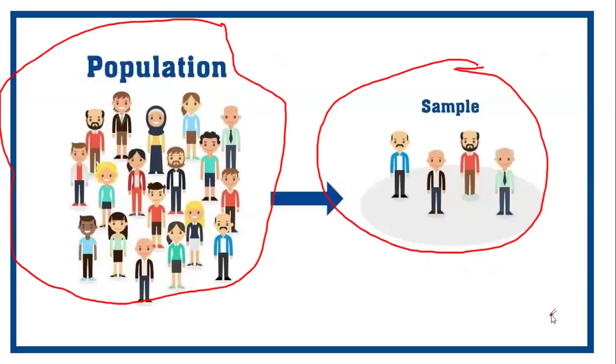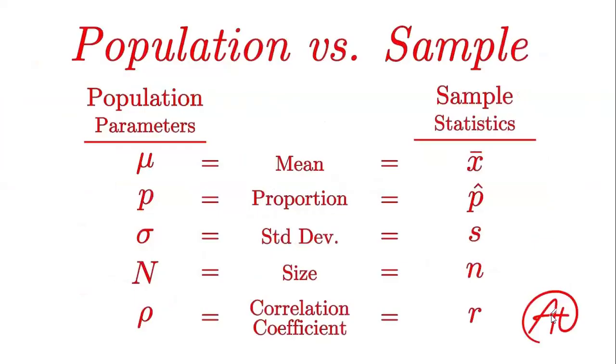These are the notes. And then it's very important to talk about the symbols that we'll be using. What symbol is being used if you're referring to a population, and what symbol is used when you are referring to a sample?